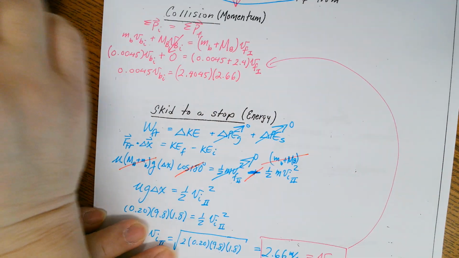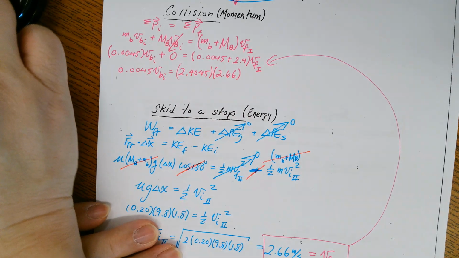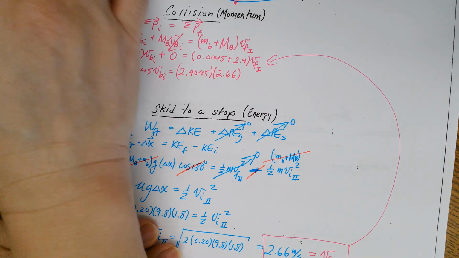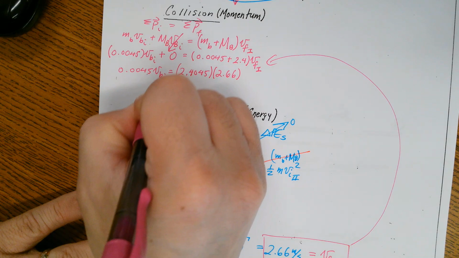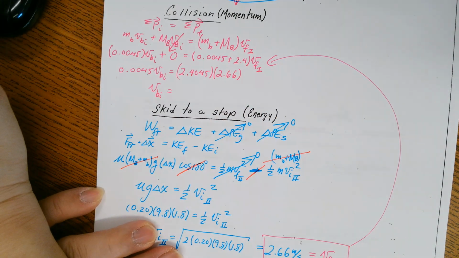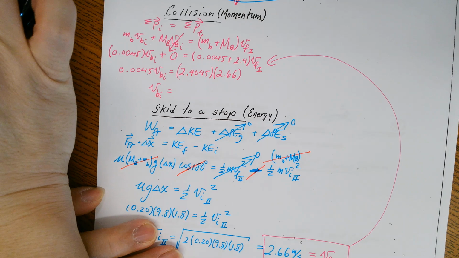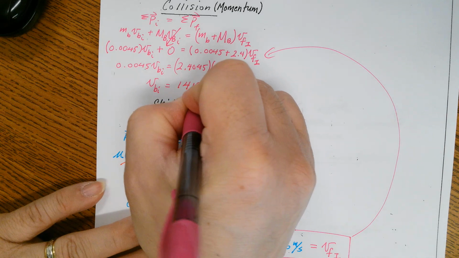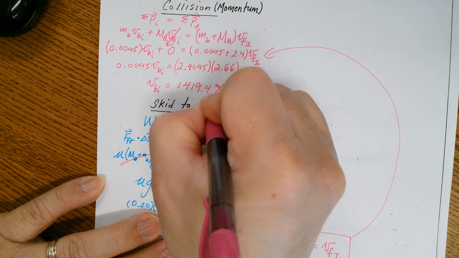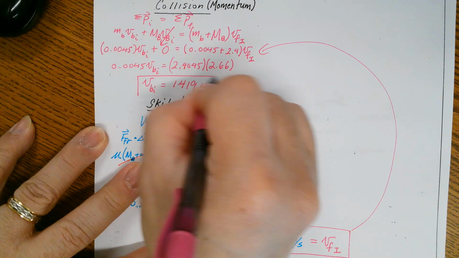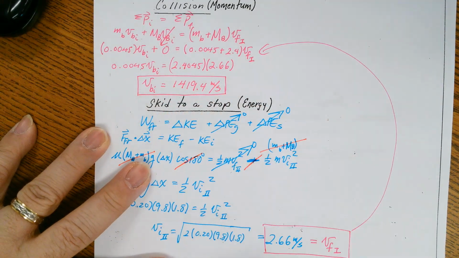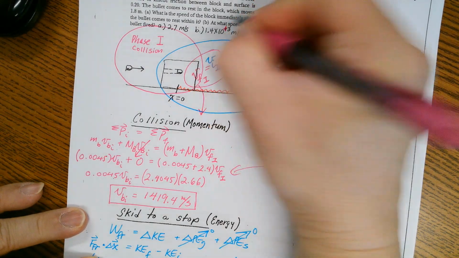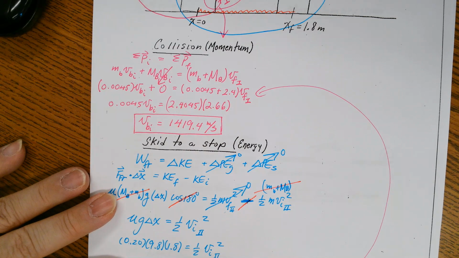So if you multiply that by 2.4045 and then divide that by 0.0045, VBI is equal to 1,419.4 meters per second as the initial velocity of the bullet. So that should be positive. All right.